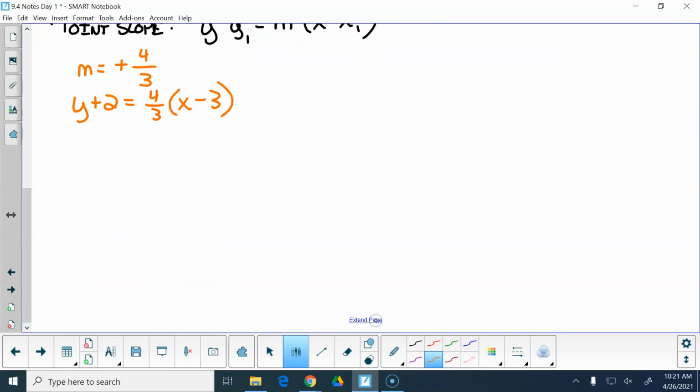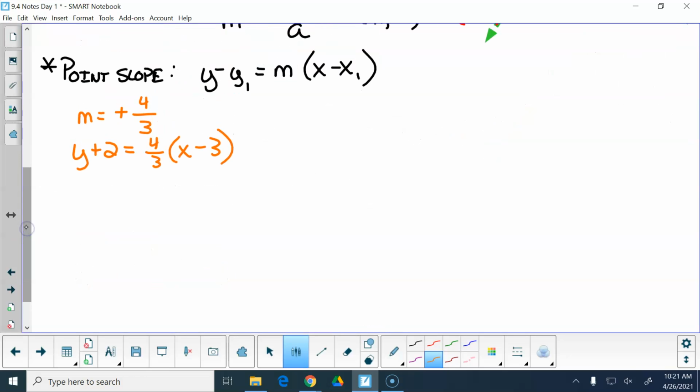And I would make that become y plus 2 equals 4/3 x minus 4. So my first asymptote would be y equals 4/3 x minus 6.